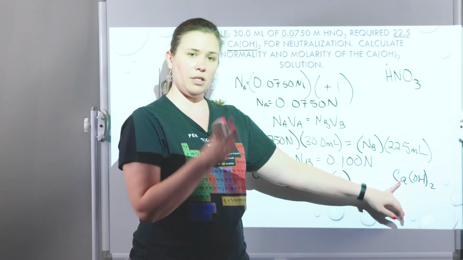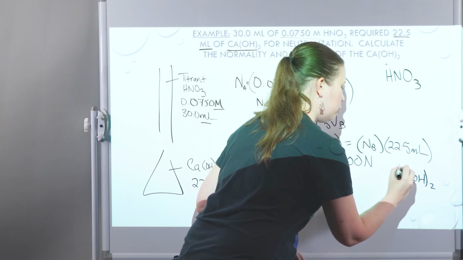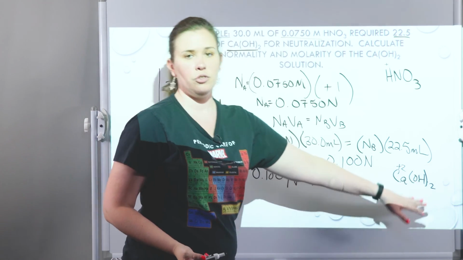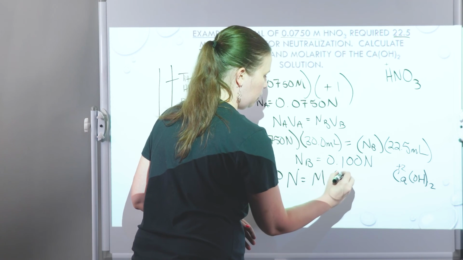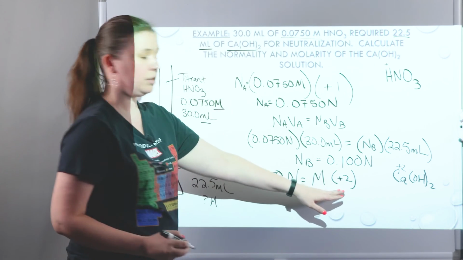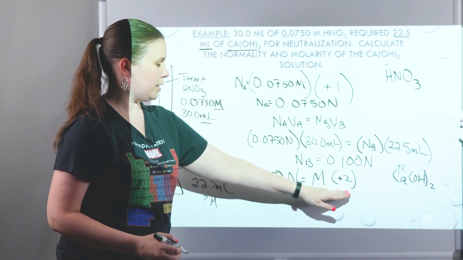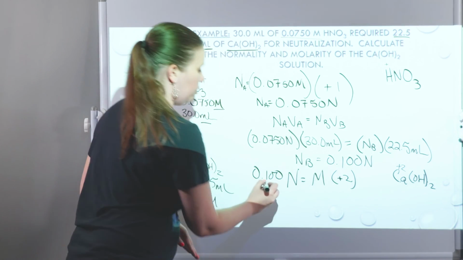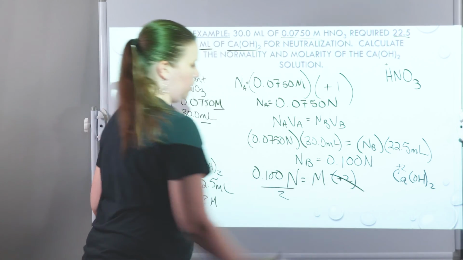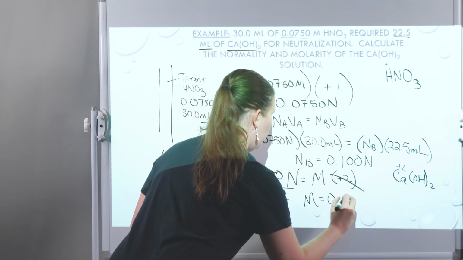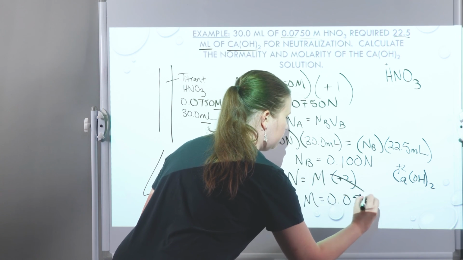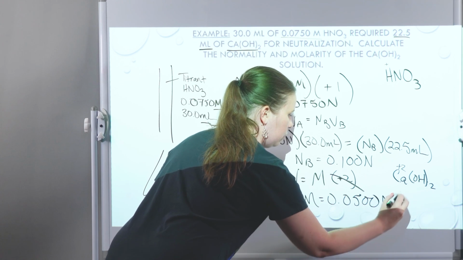So calcium, being in the second column, actually has a charge of +2. And there is just one calcium, so the total is +2, which means I have a +2 in my formula right here, which actually means to isolate and solve for the molarity, I'm going to need half the normality. So the molarity is equal to 0.05, keeping the 3 significant figures.